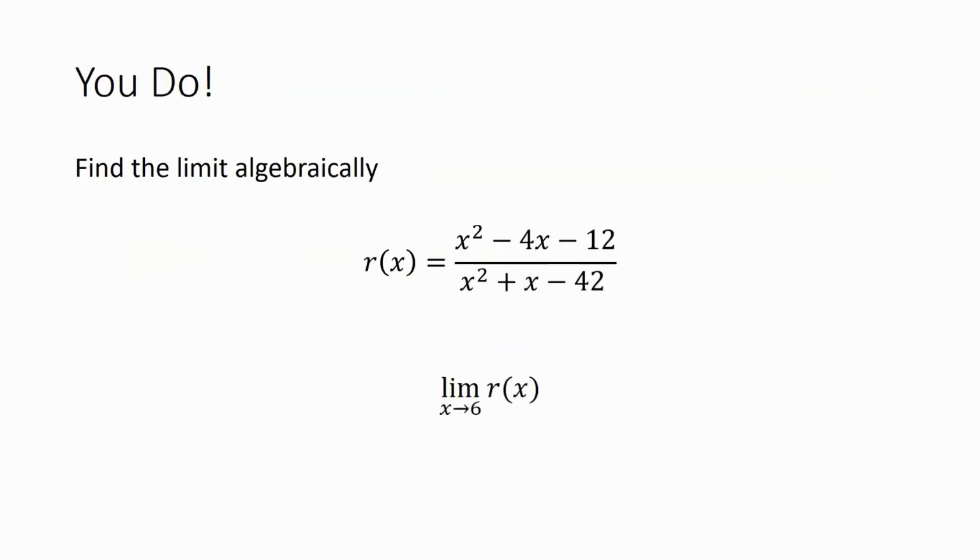So create a function which is equal in all but one spot, and then use the rules of being able to plug in the x value. So go ahead and do that on your own. And in the next video, I will show you how that is done.